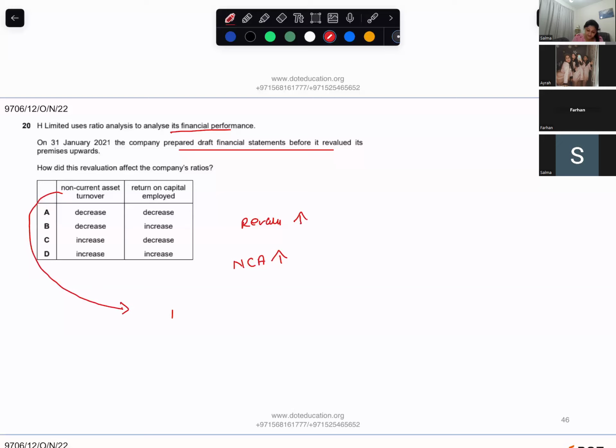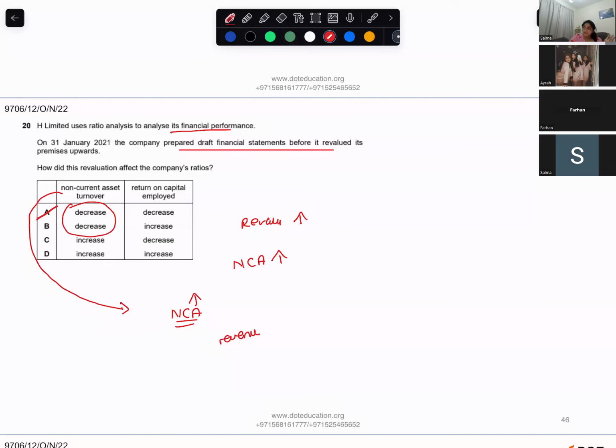How efficiently you're using your non-current assets to generate revenue. Revenue remains the same, so the ratio will decrease.